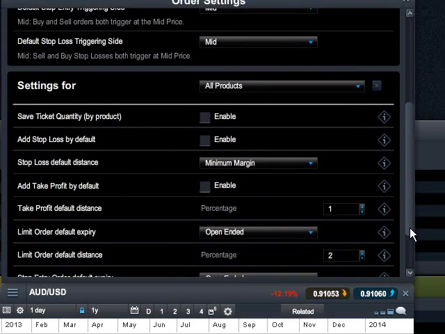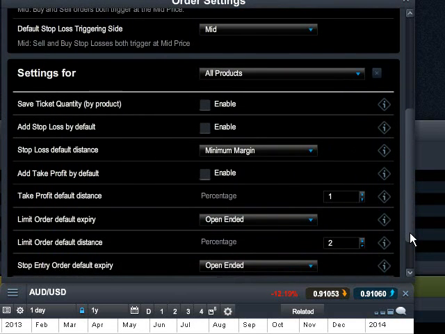Another alternative available as far as stop loss orders are concerned under the order setting preferences is that you can elect to have a stop loss appear on your order ticket by default. And you can do that by enabling this add stop loss by default.